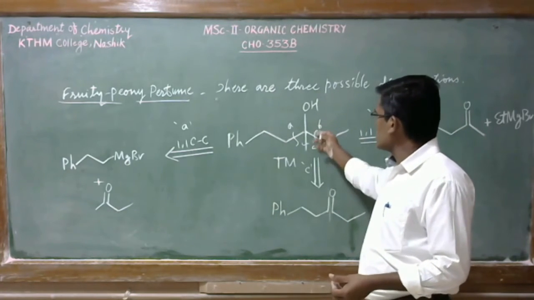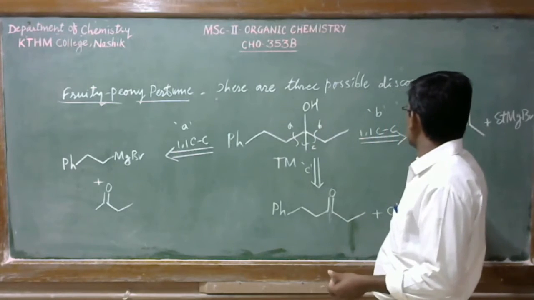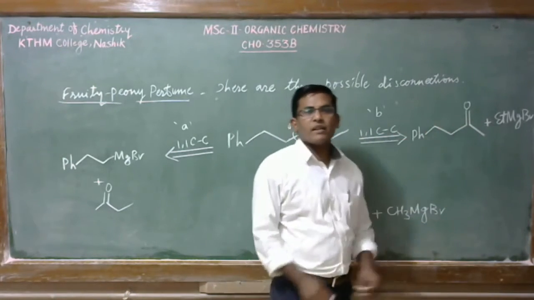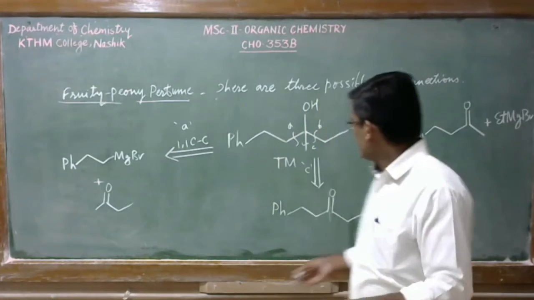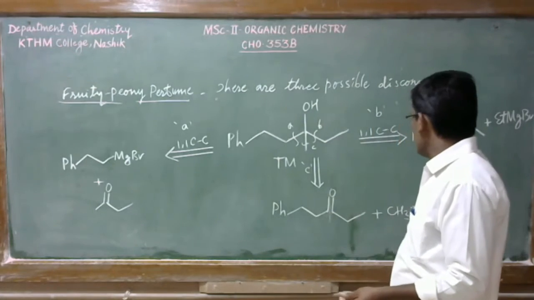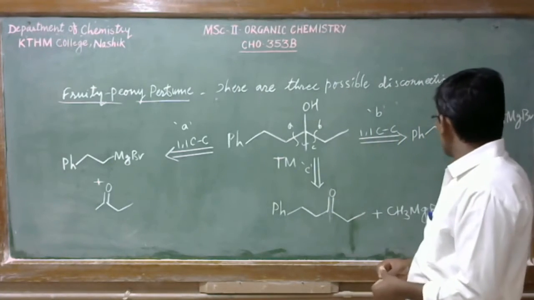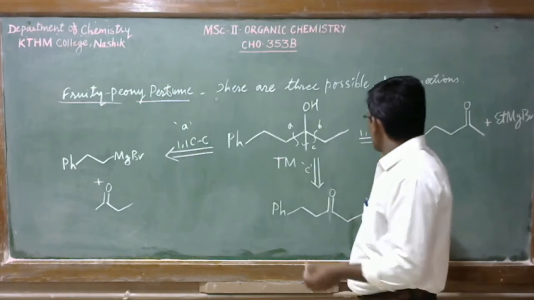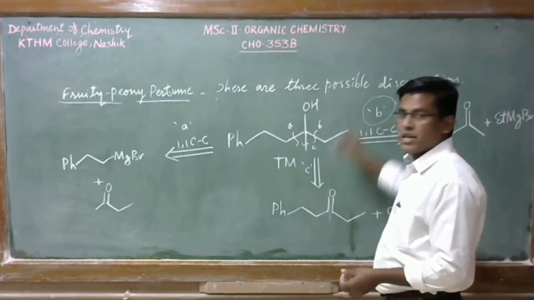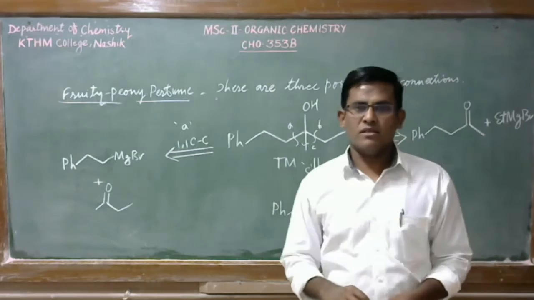Then the B cleavage gives this ketone and ethyl magnesium bromide, and C cleavage gives us this ketone and methyl magnesium bromide. But we have seen that the B cleavage is the better route.